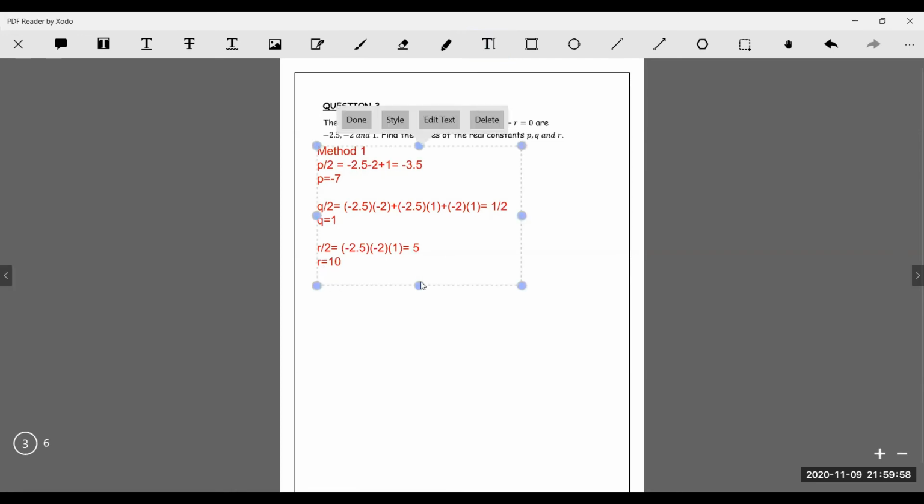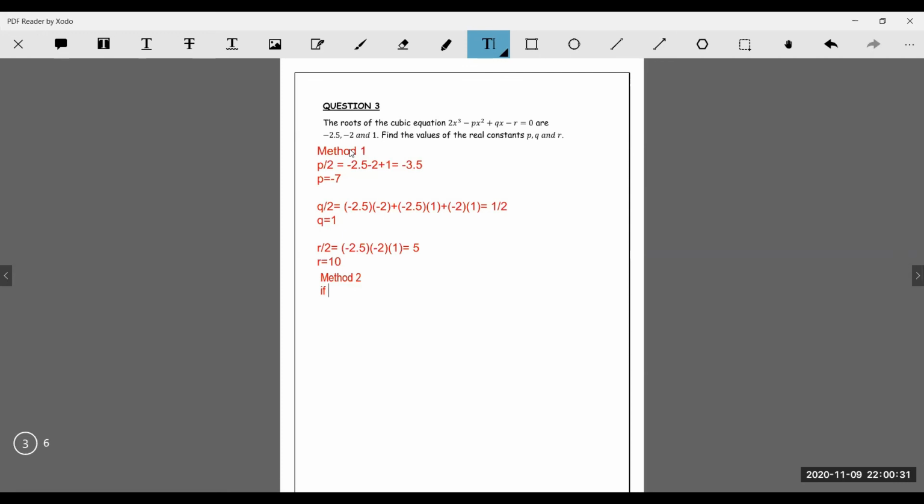Now let's look at option 2. Option 2 is using the factor and remainder theorem. Applying the factor and remainder theorem, they're telling us that negative 2.5 is a root, and so they're telling us a factor.